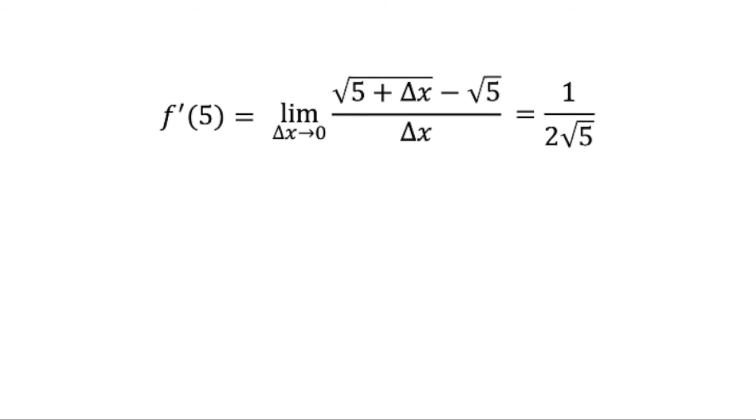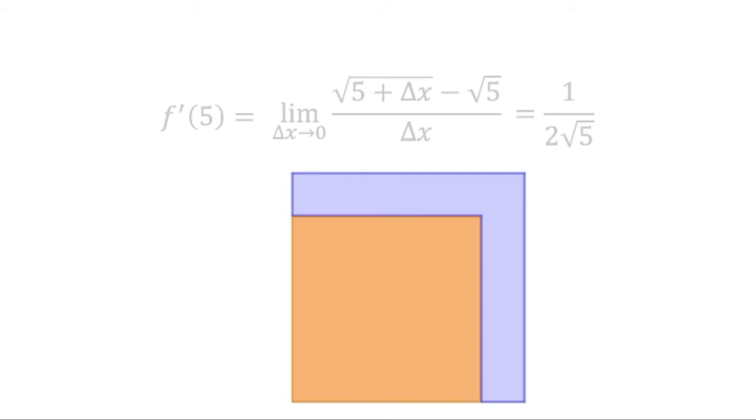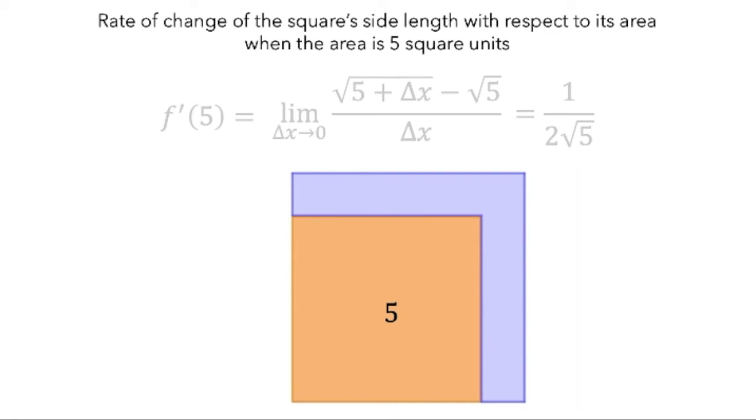To summarize what we just did, we started with a square whose side lengths were growing. We were trying to compute the rate of change of the square's side length with respect to its area when the area is 5 square centimeters. We used the function f to denote the relationship between the square's area and side length. So we were trying to compute the derivative of f when x was equal to 5.